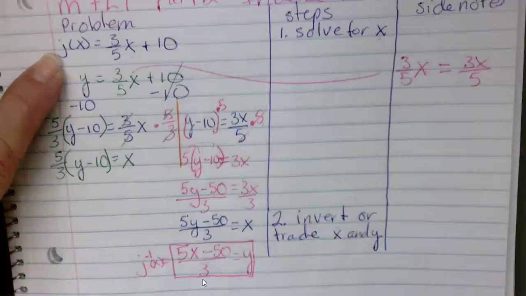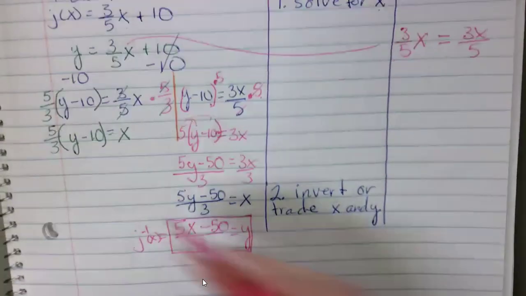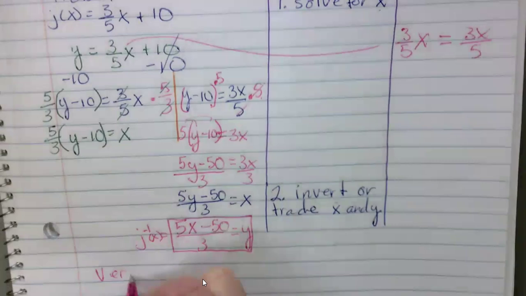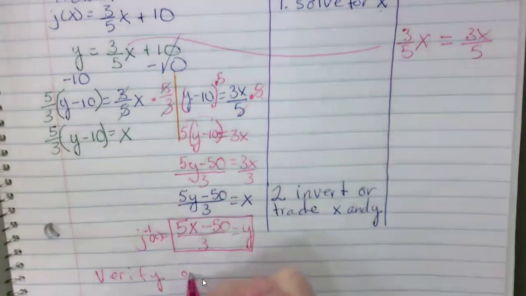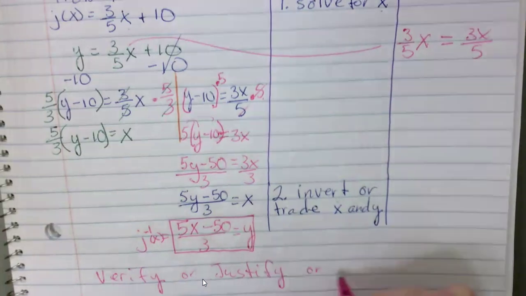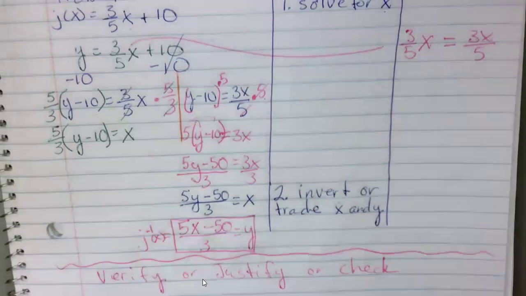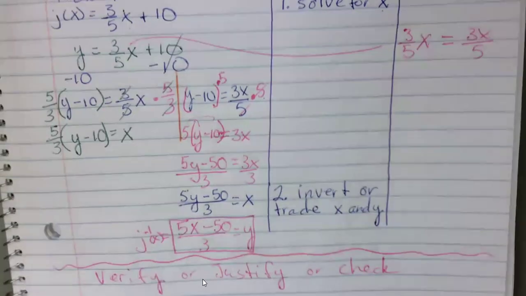Now, from here, our next direction is to verify or justify or check, right? What your answer is using composition. And composition is what we learned last week, right?